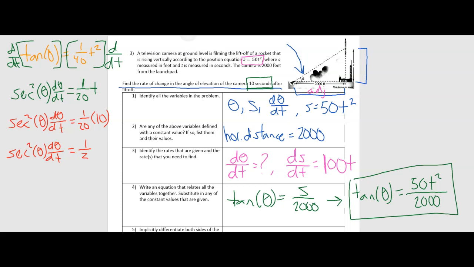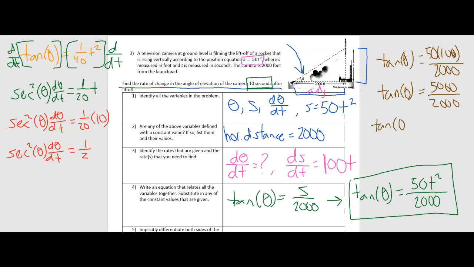So I get tan of theta is equal to 50 times 10 squared, which is 100, all over 2,000. So tan of theta is equal to 5,000 divided by 2,000. I get tan of theta is equal to 5/2.